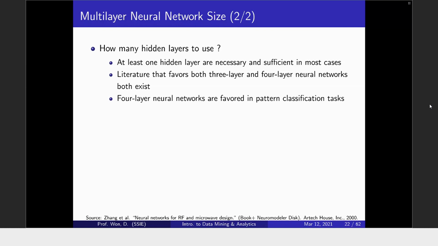An image actually contains a lot of information, so the input dimension is very large. So making some decision on images, we need more complicated structures. Then we come up with three or four layers in the neural network, and four layers are actually favored in pattern classification tasks these days.